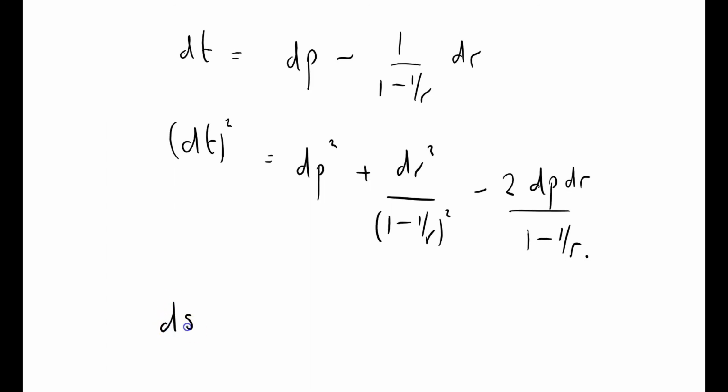So I'll go back to my Schwarzschild metric, which equals minus (1 minus 1 over r) dt squared plus dr squared over the same thing.